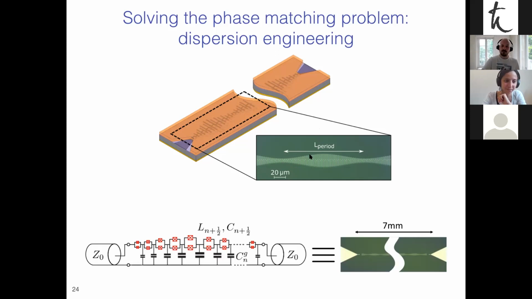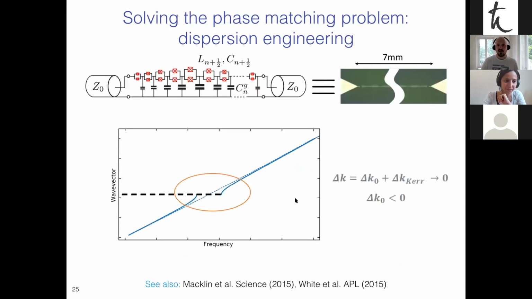This is well known in solid state physics, and in quantum optics. If you have a periodic modulation, a special periodic modulation of your device, you will open a gap. This is called the Bloch theorem. It's nothing new, it's all physics, but you will open a gap in your dispersion relation.